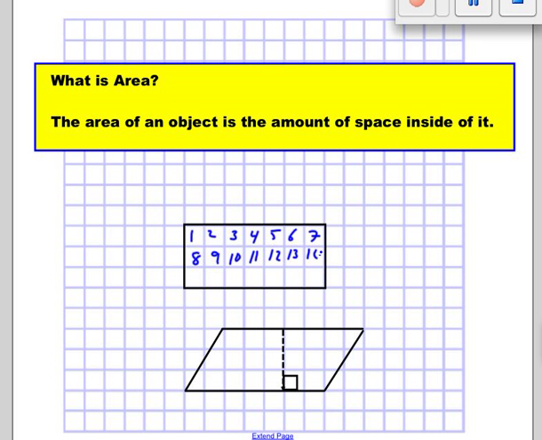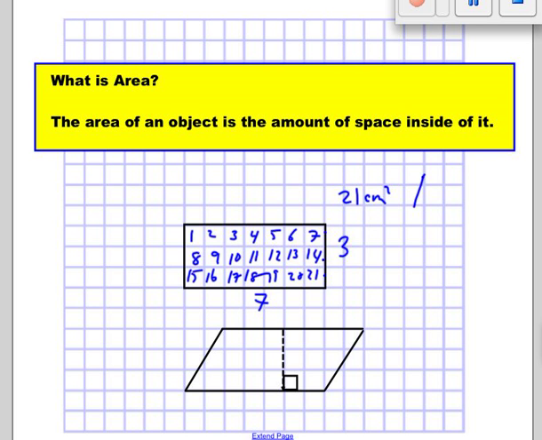And that works just fine if you have a shape that is fairly even, just like this. I count all the way across, and I get 21 centimeters squared. But another way to do that is I can look at my base, which is 7, and my height, which I've counted as 1, 2, 3.